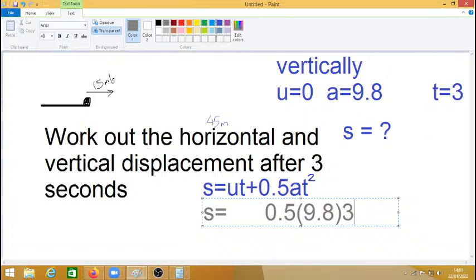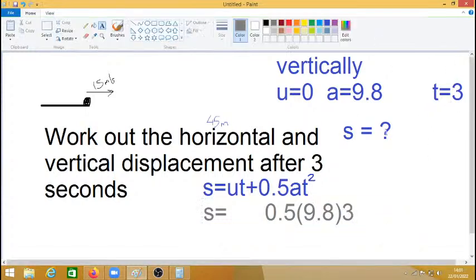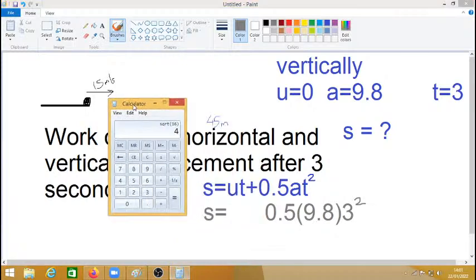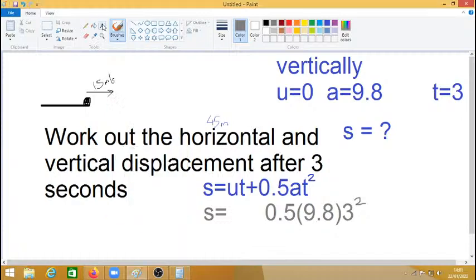Time is 3, and so I need to do 3 squared. Just simple substitution, and then just take a calculator and simply type it in. So it's 0.5 times 9.8 times 3 squared, which I know is 9. So I'm just going to type in 9, and that makes 44.1. So I now know the vertical displacement is 44.1.